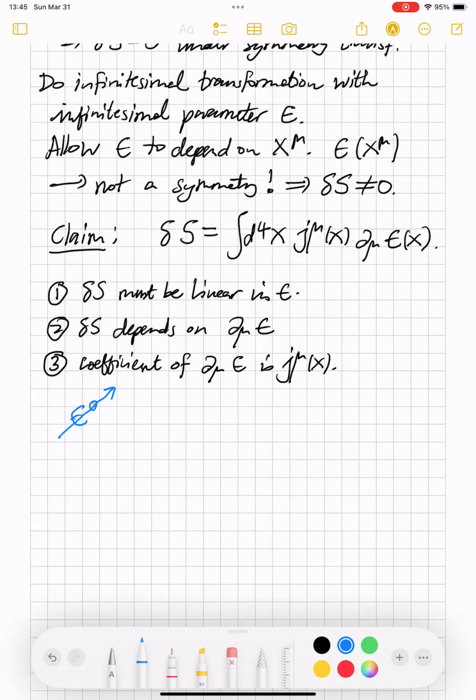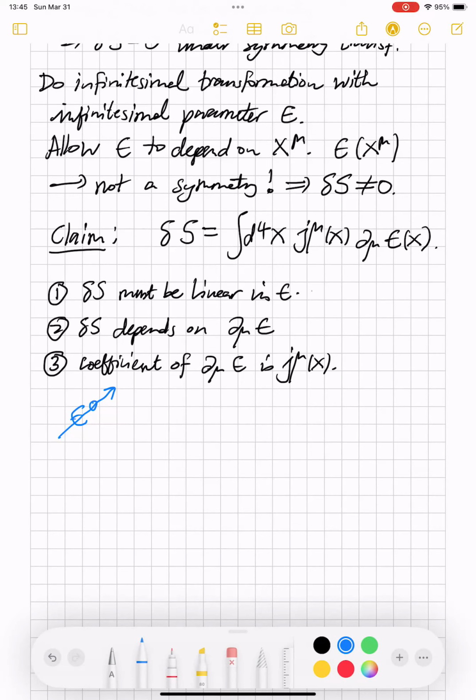But even though the epsilon to the 0 term is not there, I could have a term of order epsilon, epsilon squared, epsilon cubed, and so on. But remember, I've taken epsilon to be infinitesimal. So what that means is I can neglect epsilon squared, epsilon cubed, and all of the others.